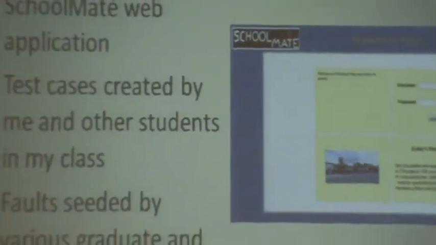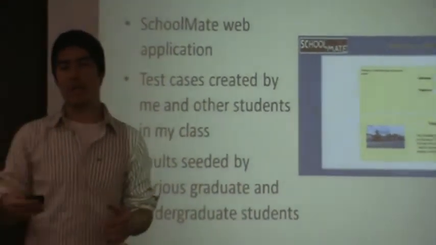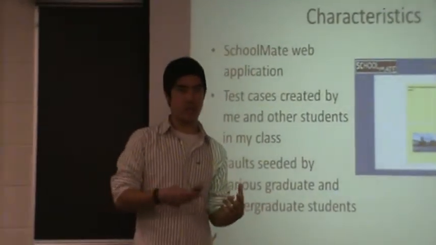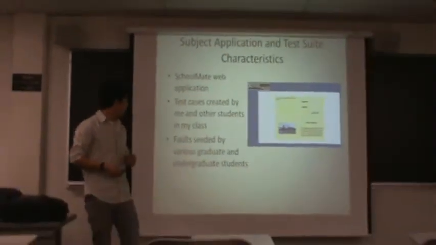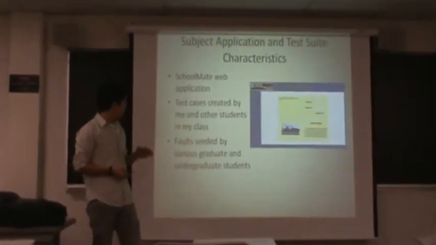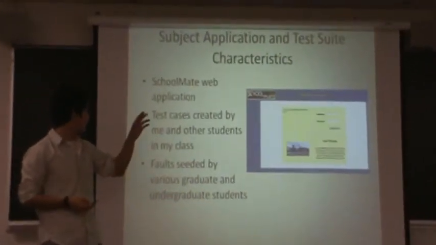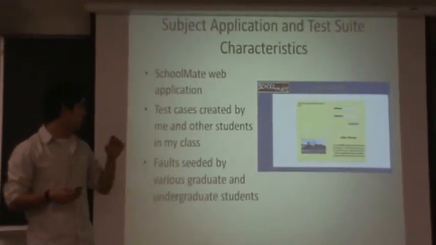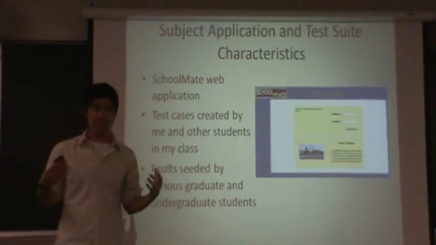You can log in and register for classes and look at your grades and all that. Teachers could log in to give grades or assignments, and administrators could log in to create classes and do things like that.